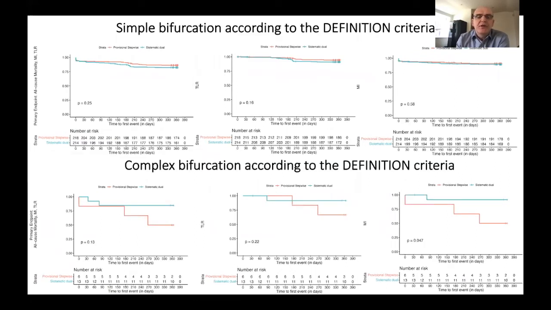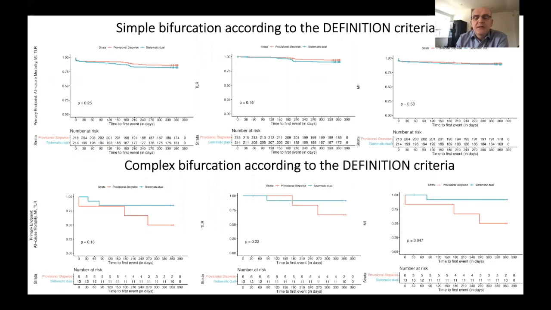And when we look at the definition criteria, in the bottom panel, those that are positive to the definition criteria, the first thing to point out is that the numbers there are very, very small. But there is a trend for preferential outcome for the systematic two-stent approach, whether we look at the primary endpoint in the left panel, TLR in the middle panel, or myocardial infarction in the right panel, which actually comes out as statistically significant, despite the very small number of patients.